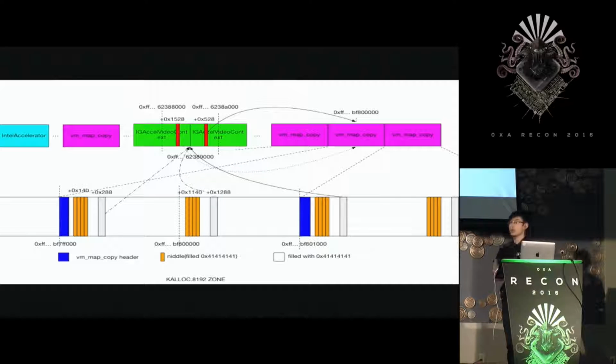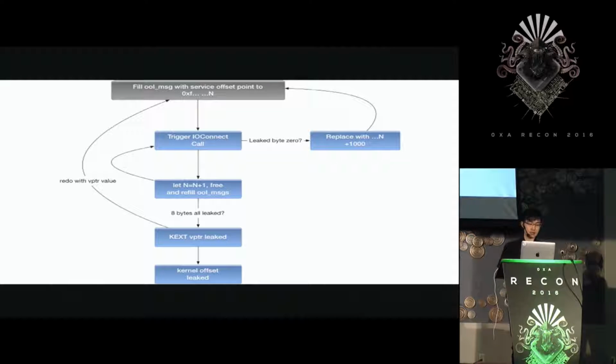So now we have expanded our strategy of the info leak solution, and the overall steps can be seen in this figure. First we prepare the heap layouts, fill the OR messages, free some of them, and fill in the IGXL video context.